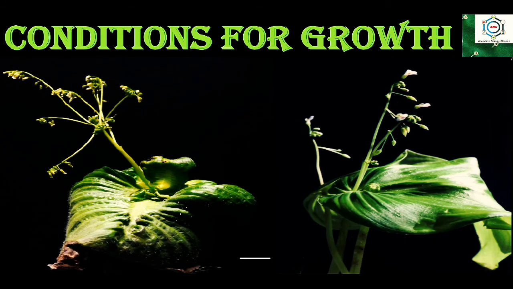The vascular elements are poorly developed and the plant is pale, thin and sickly in appearance. Light grown seedlings, on the other hand, are sturdy, green, with shorter internodes, expanded leaves, and upright apex.